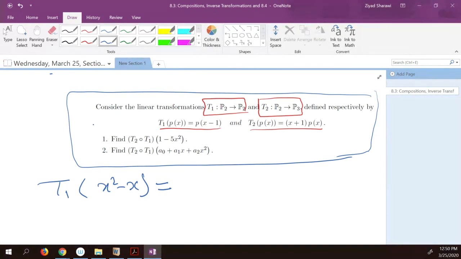Let me ask you, what is T1 of x squared minus x? Any of you? X squared minus x minus 1. Iyad, x squared minus x minus 1. Are you sure? By the way, if any of you like to talk instead of writing, it's fine. You can talk if you want to.